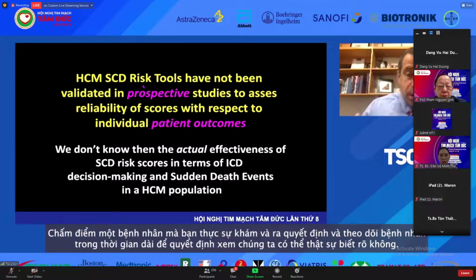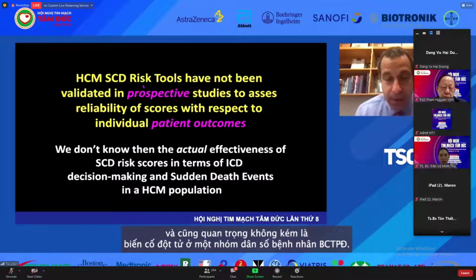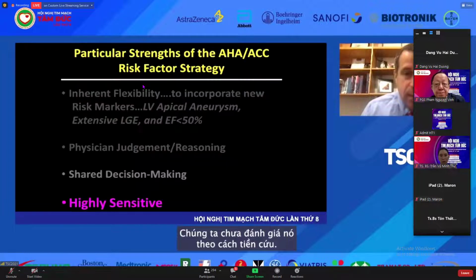That means generating the score for a patient that you're actually seeing, making a decision, and following those patients over time to determine whether we really can know, and we don't know, the actual effectiveness of the risk scores in terms of ICD decision-making and, equally important, sudden death events in an HCM population. They simply have not been evaluated in a prospective manner this way.